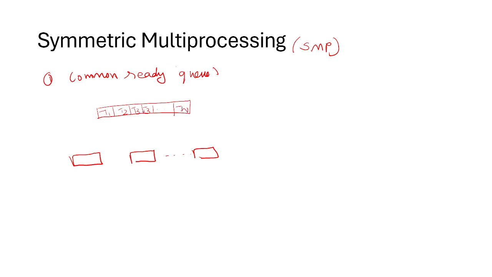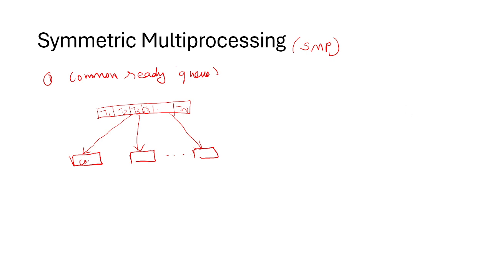All the processors share this ready queue. The problem here is that more than one processor can take the same task for processing at the same time. So to avoid that, we need to use a locking system.